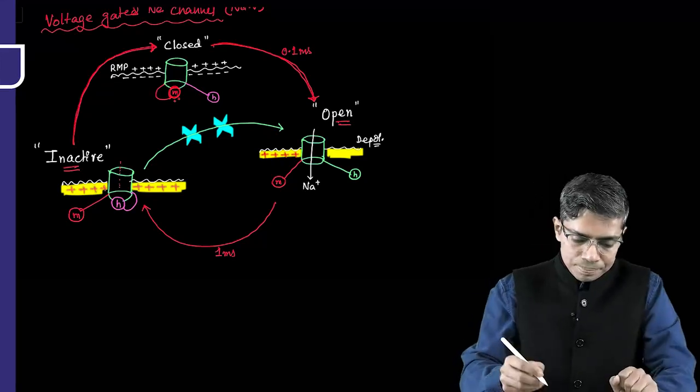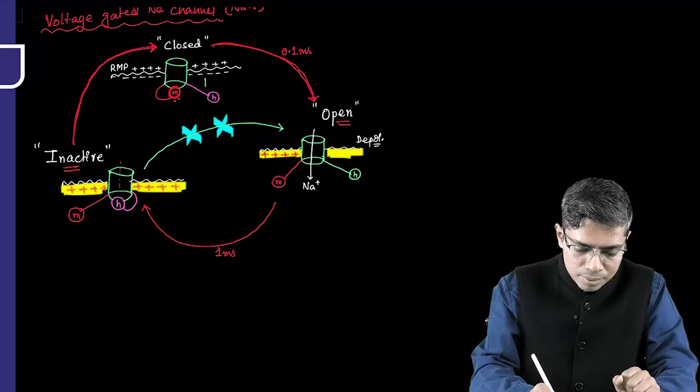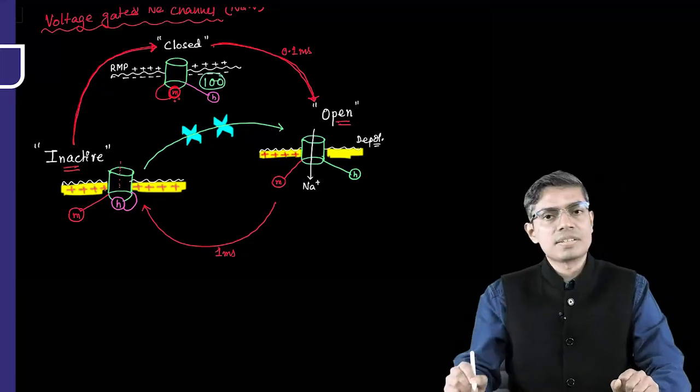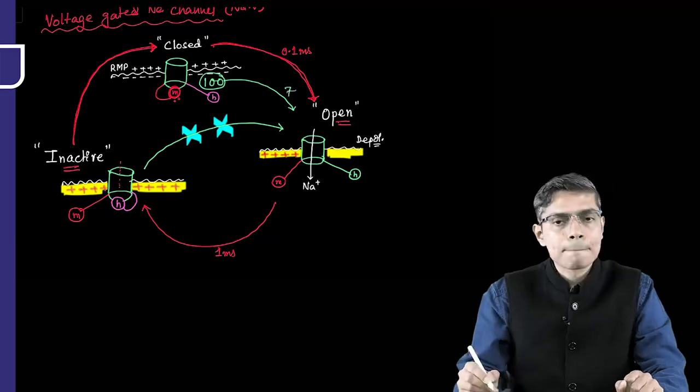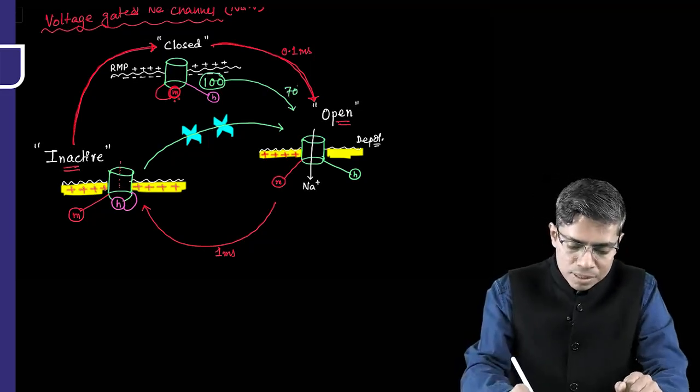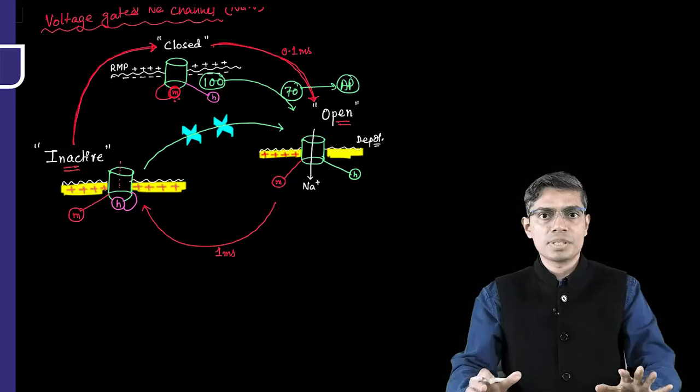Suppose I have 100 voltage gated sodium channels in resting stage. If I open from 100 to 70, then the action potential will be generated. It means 70 is the threshold number of channels.